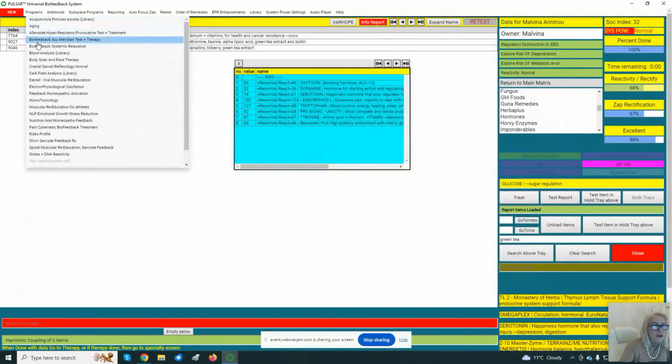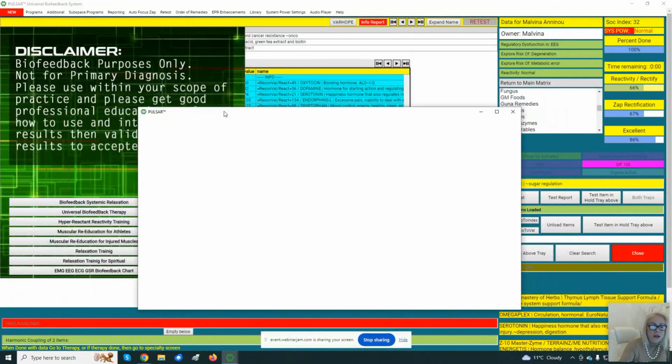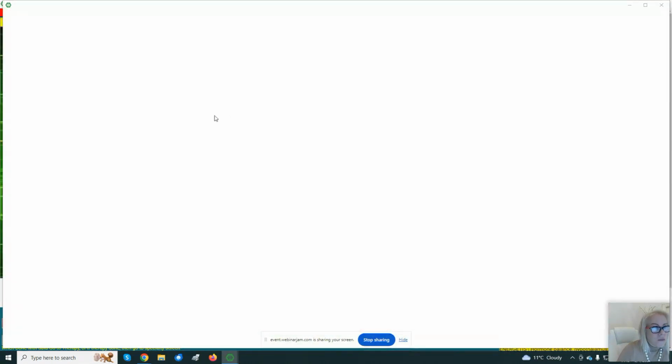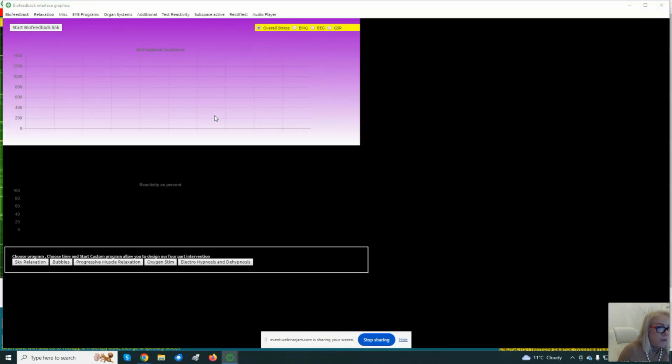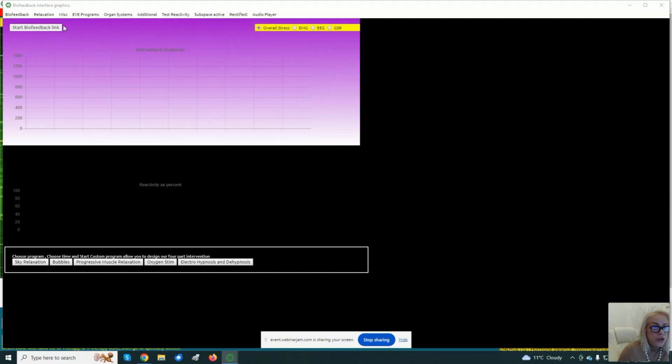Okay, in biofeedback systemic, there's also oxygenation, which is great for lowering cortisol levels. All the stressors and relaxation do lower cortisol levels.